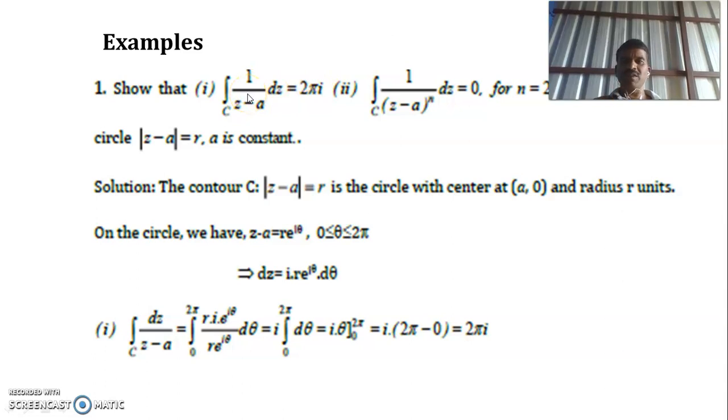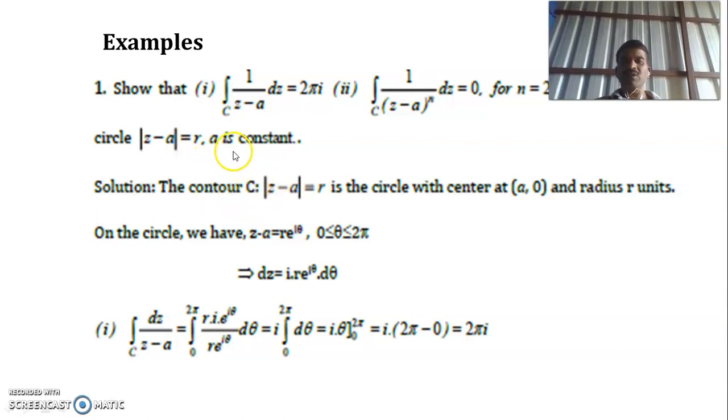First problem: show that the integration of 1 over (z minus a) over the closed contour C is 2 pi i, and that the integration of 1 by (z minus a) to the power of n over the closed contour C is 0 for n equal to 2, 3, 4, etc., where C is the circle whose equation in modulus form is modulus of z minus a equal to r, where a is the constant, the center of the circle. So now we shall see the solution of this problem.